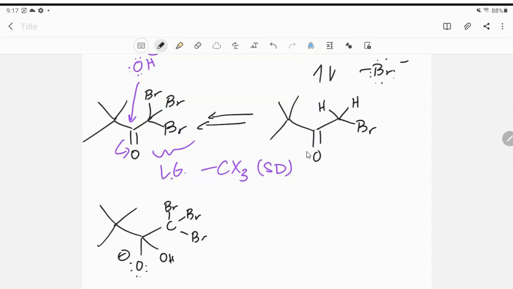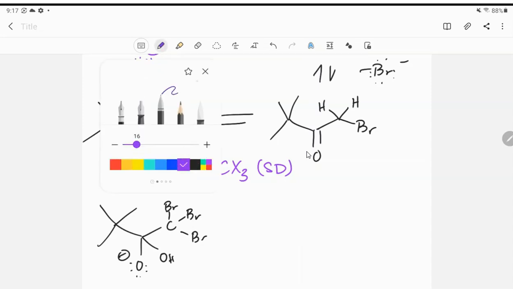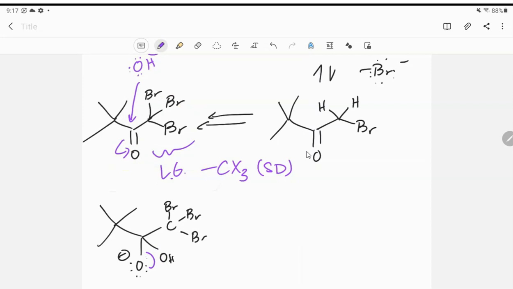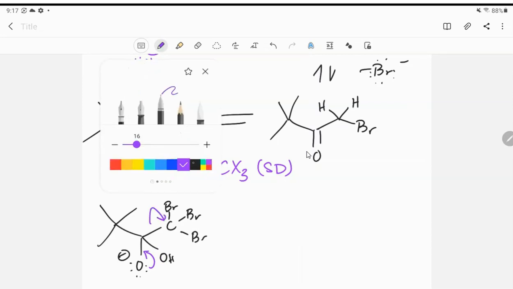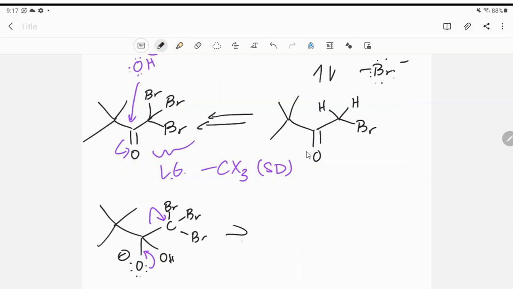And like I said, it's going to be our leaving group here. So we're going to close down and kick out the carbon with the 3 bromines. This works especially well with iodine. You see, this iodoform test was a pretty common chemical test back before the days of IR.